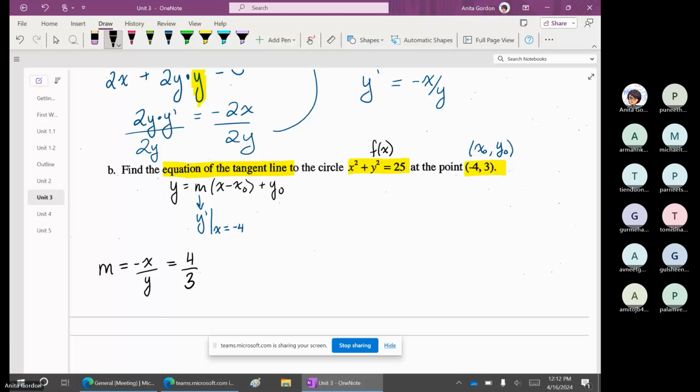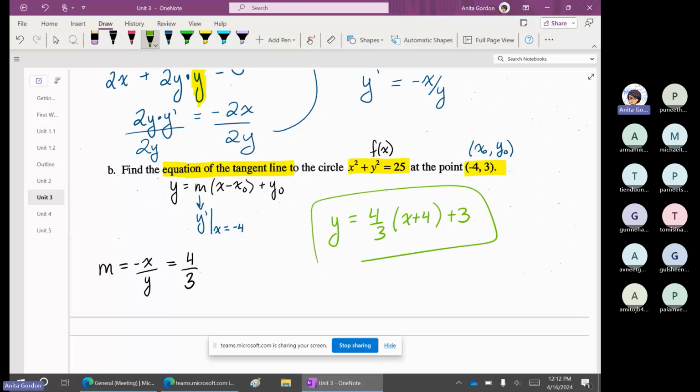Yeah. Okay. I just want to make sure you know that you're not just guessing. So our x and y values are negative 4 and 3, so we put that in. Our point of interest, x naught, y naught, again, we put that in. So what is the equation of the line? y is 4 over 3 times (x plus 4) plus 3.